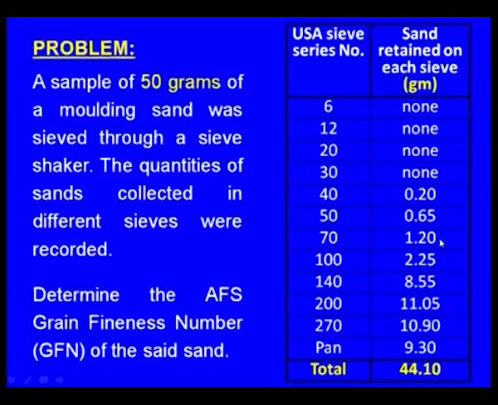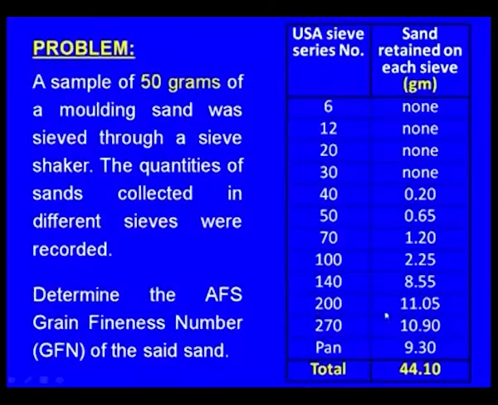In the sieve with number 100, 2.25 grams, and in the sieve with number 140, 8.55 grams. In the sieve with number 200, 11.05 grams, and in the last sieve with number 270, 10.9 grams are collected, and finally in the pan 9.3 grams are collected.